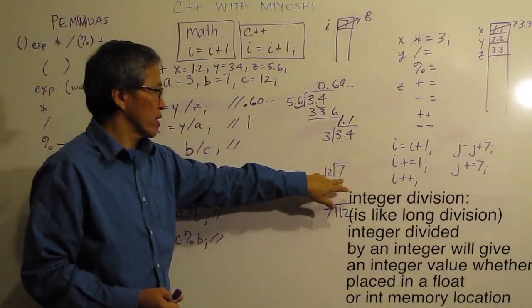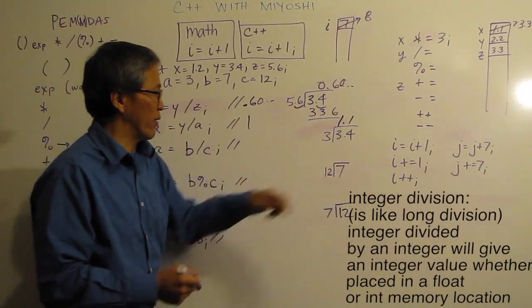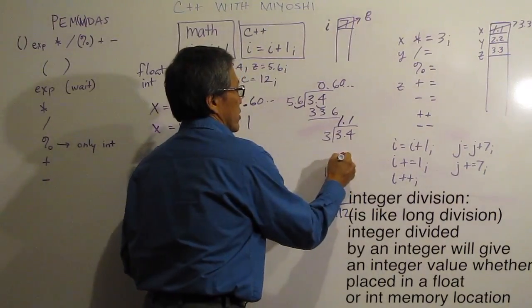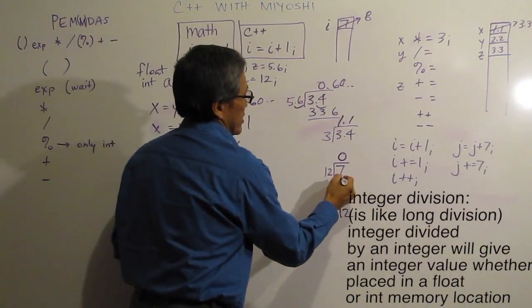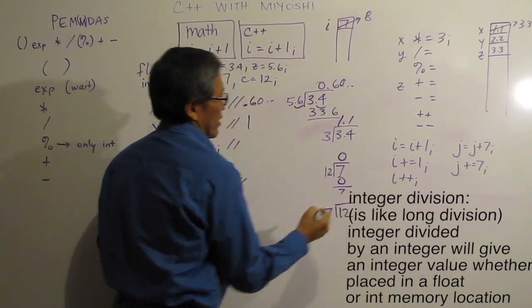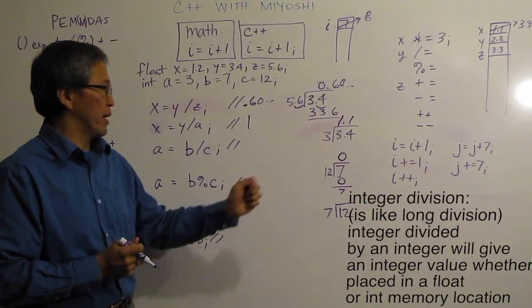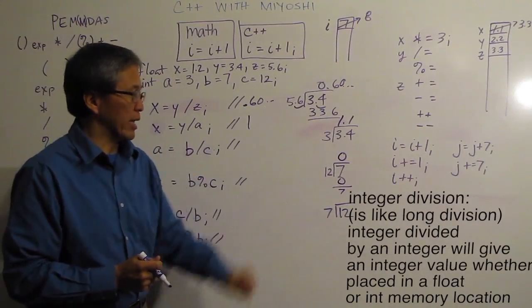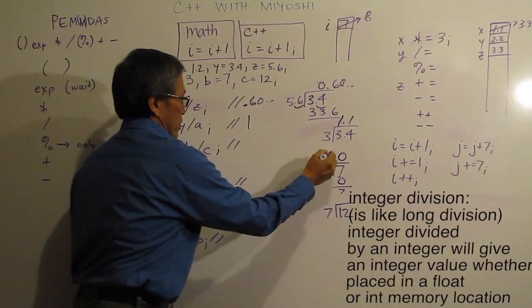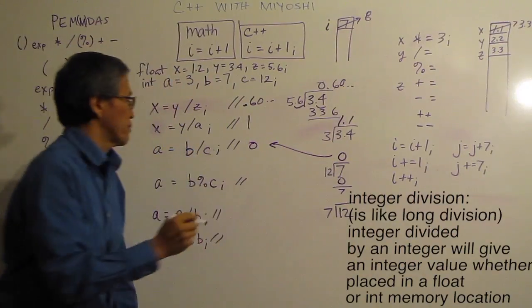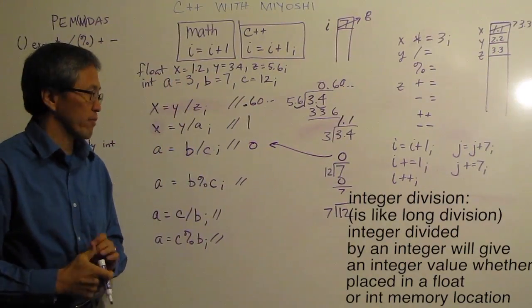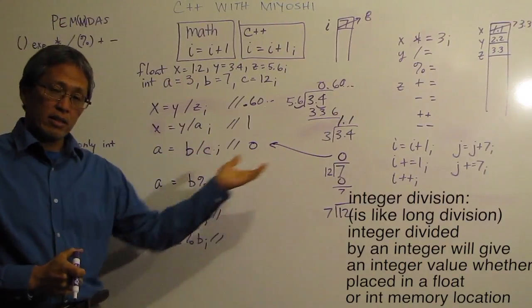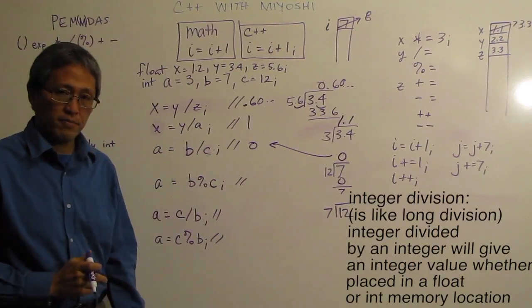I have 12 goes into 7, and I say 12 doesn't go into 7. Well, it goes in 0 times. 0 times 12 is 0. 7 minus 0 is 7. Well, what happens here in my integer division, all I care about is the 0. So that 0 is going to come right over here, and that's going to be what goes into my a.